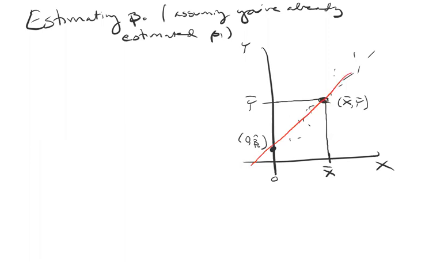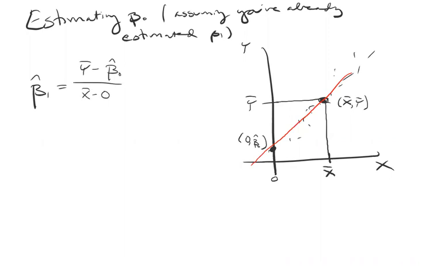And so the slope estimate, because we're talking about what we actually calculate from the data, can be calculated based on these 2 data points. If I'm saying the line has to connect the intersection of the sample means to the intercept, then the slope that I calculate from those 2 points is going to be the change in Y, so Y bar minus beta naught hat, I'm just subtracting the Y coordinates of these 2 points, divided by the change in X, which is X bar minus 0.